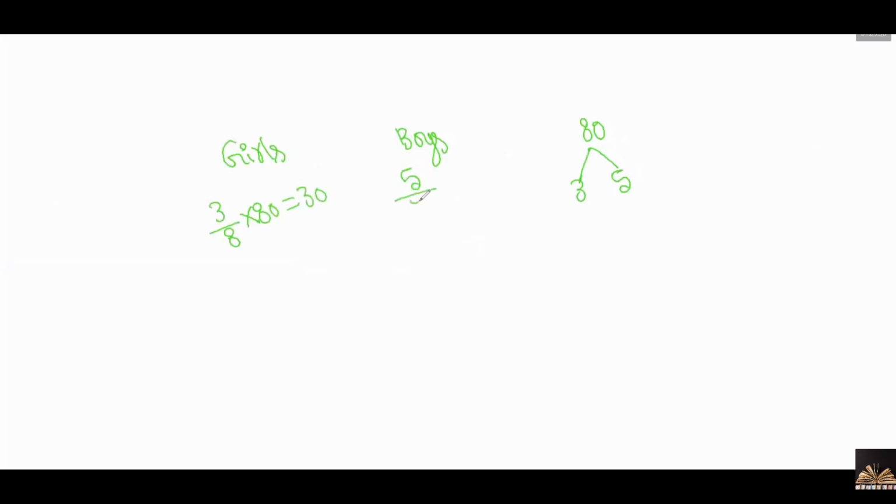Similarly, 5 by 8 into 80, which is 50. Now the number of girls in the class is 30, and boys in the class are 50, right? Now see what is the next information given. The students can speak only Hindi or only English or both Hindi and English, right?